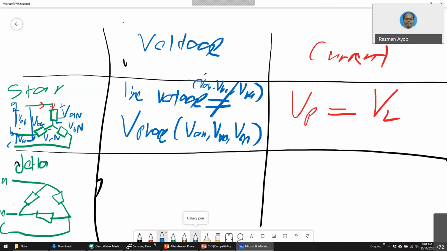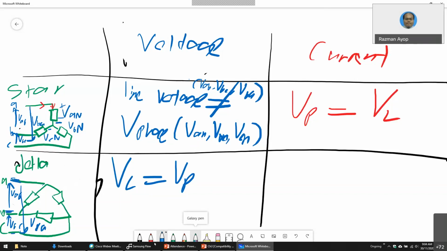For voltage, this one is VAB, VBC, and VCA. So basically, line voltage is just equal to phase voltage. If you look here, line voltage and phase voltage are the same. This is the line, between the lines, and this is the phase. The phase is basically between the load or generator. The line is basically at the wire.